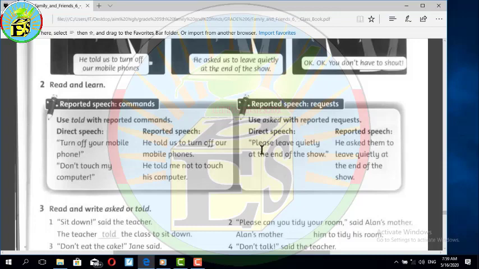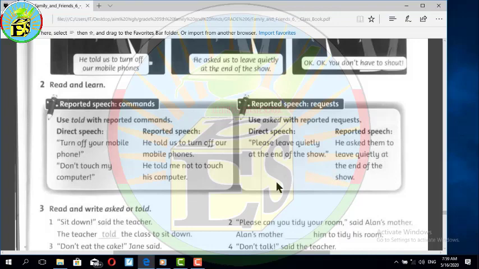Direct speech: Please leave quietly. Reported speech: He asked them, because this is a request. He wanted them to leave quietly. He asked them to leave quietly at the end of the show.